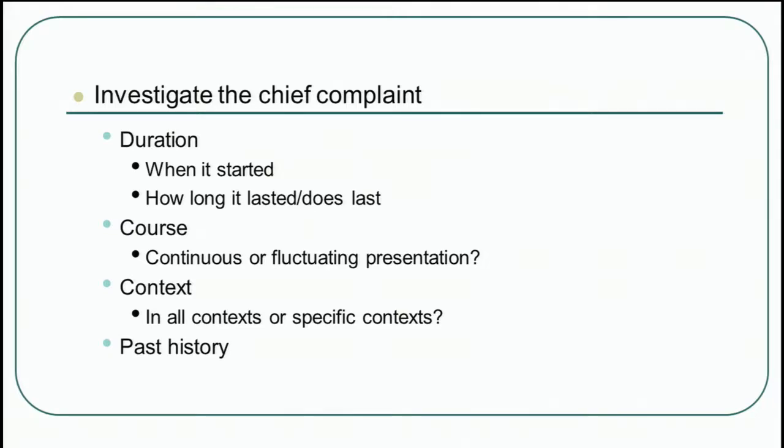And context: does it occur in all contexts or just specific contexts? And using these three pieces of information, we can start to formulate the etiology of the complaint. And then additionally, we can ask about any past history of this complaint and how they went about managing it in the past.